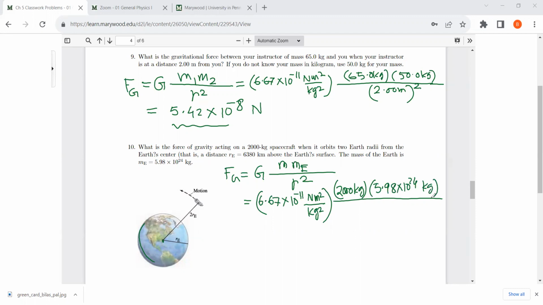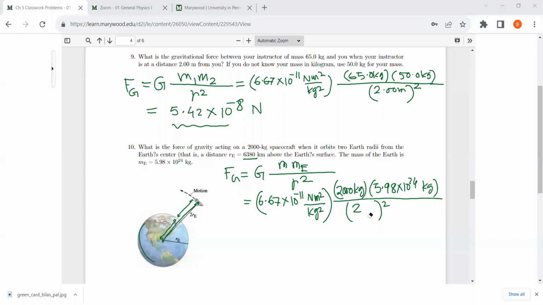Now here we have to be careful. What is this distance? This is 6380, and also this is 6380. So the total distance from the center of the earth to the satellite is 2 RE, twice the radius of earth. We have to square this distance.